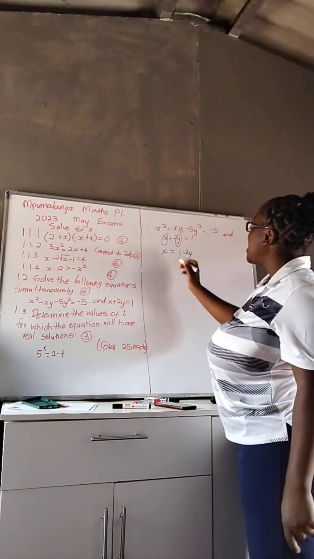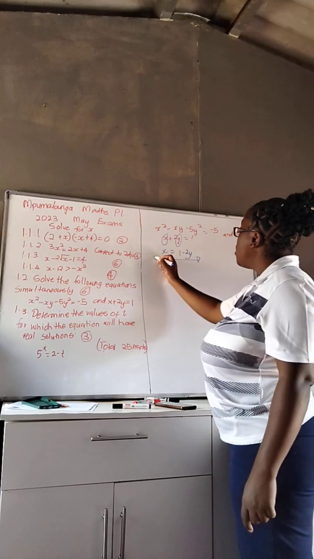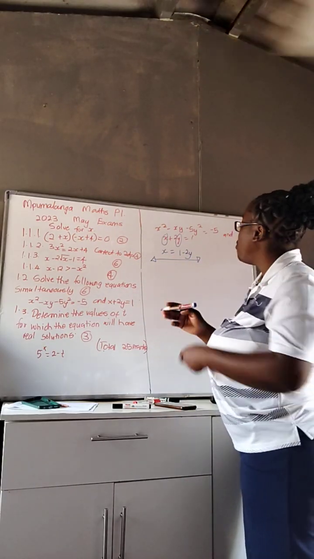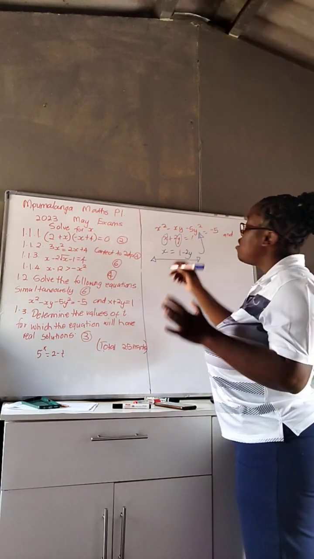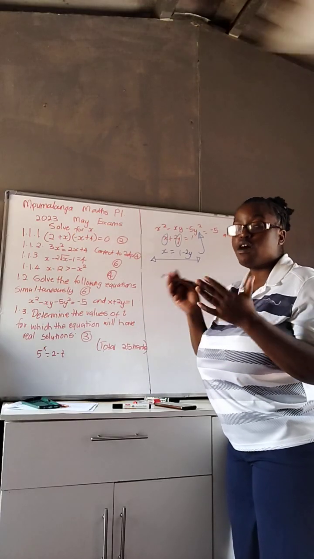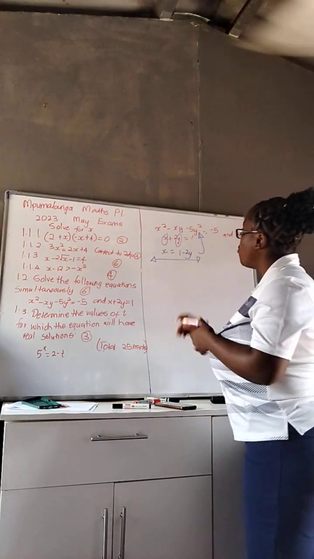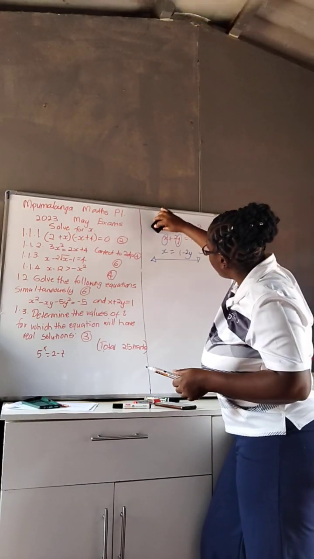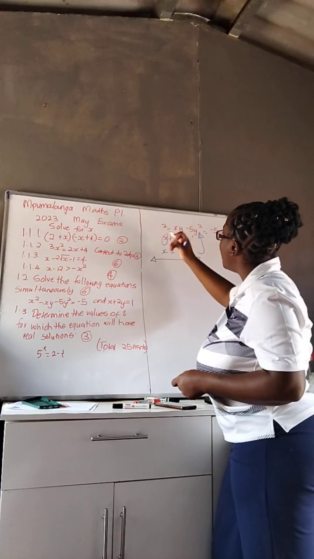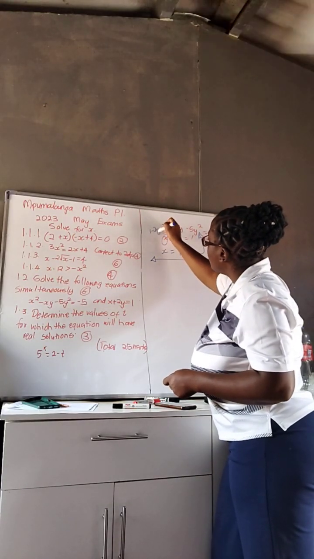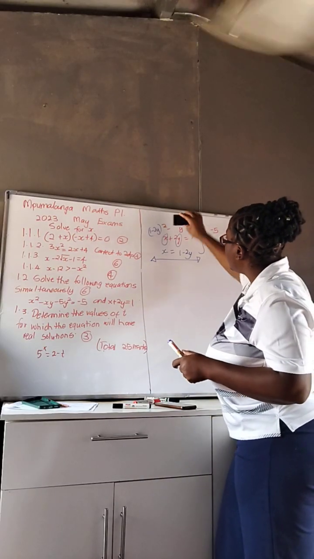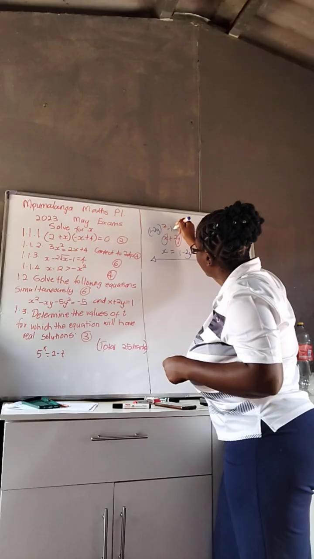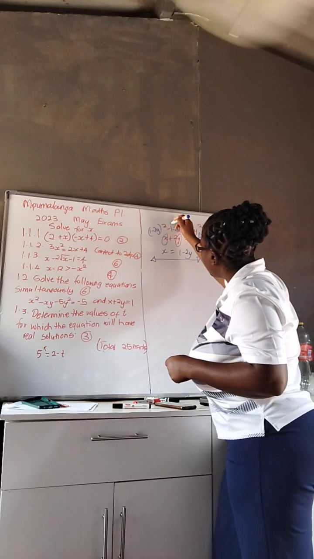So I come here and make x the subject. If x is the subject of the formula, what do you do? You come back to the original equation and then you substitute. Where there is x, you now put 1 minus 2y. So we put 1 minus 2y here, and 1 minus 2y here, like that.